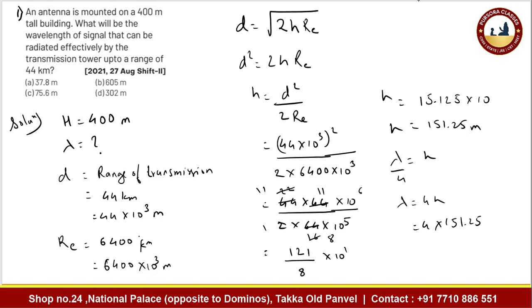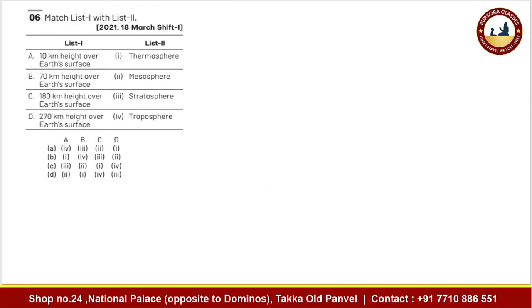If you multiply this, you will get 605 meter. So that is the wavelength that will be transmitted. So the correct option is B. I hope students you have understood this question. Correct option is B. Moving ahead with the next question, students.